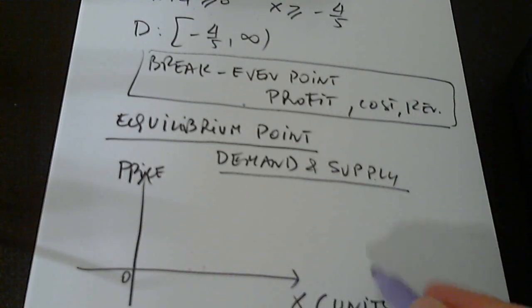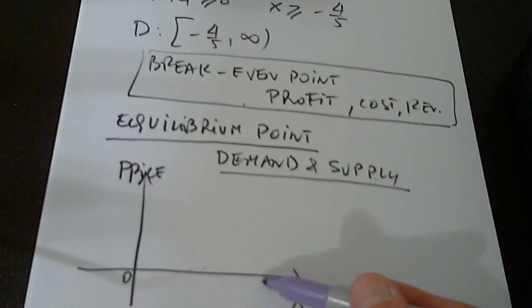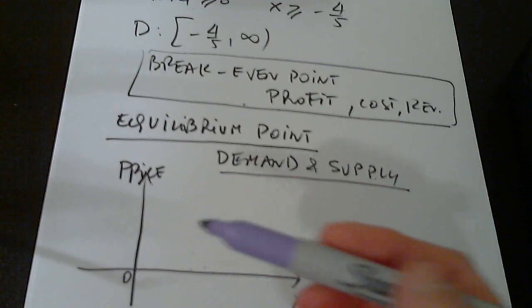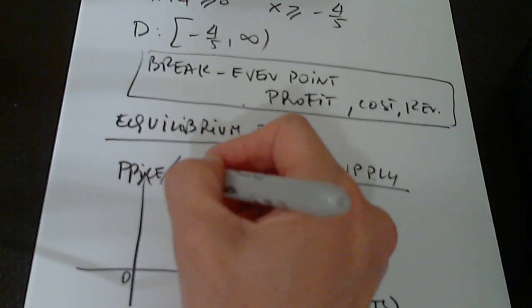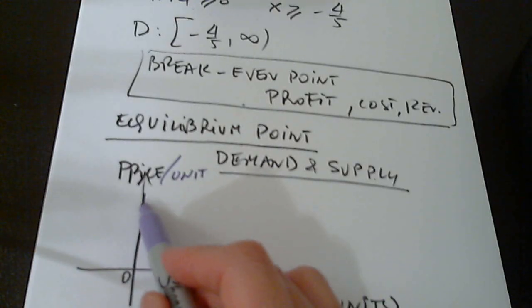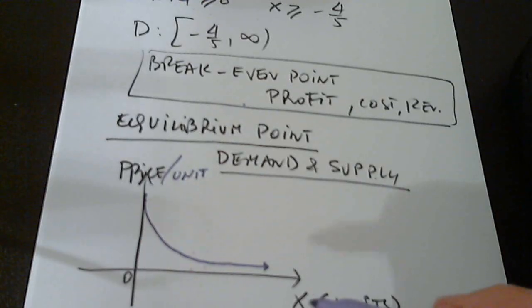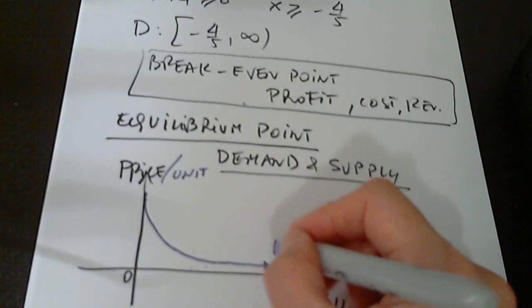So as we are interested in purchasing more units, the price per unit should go down. This is an example of the demand function.